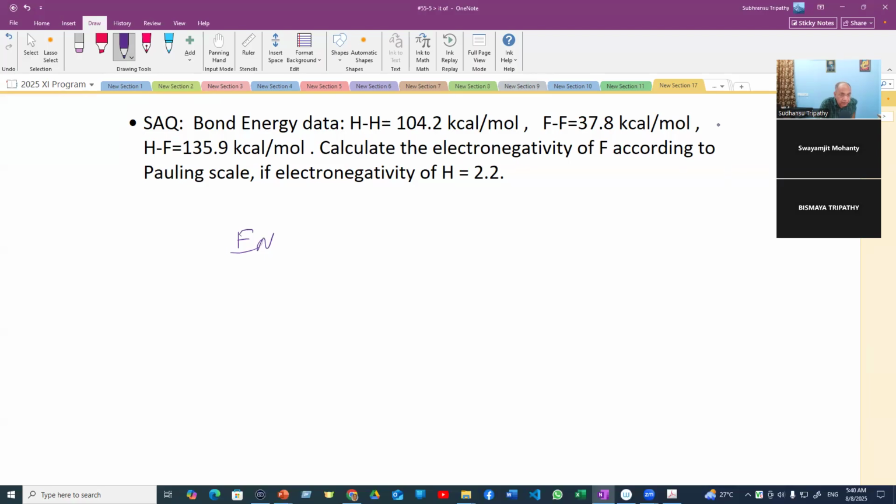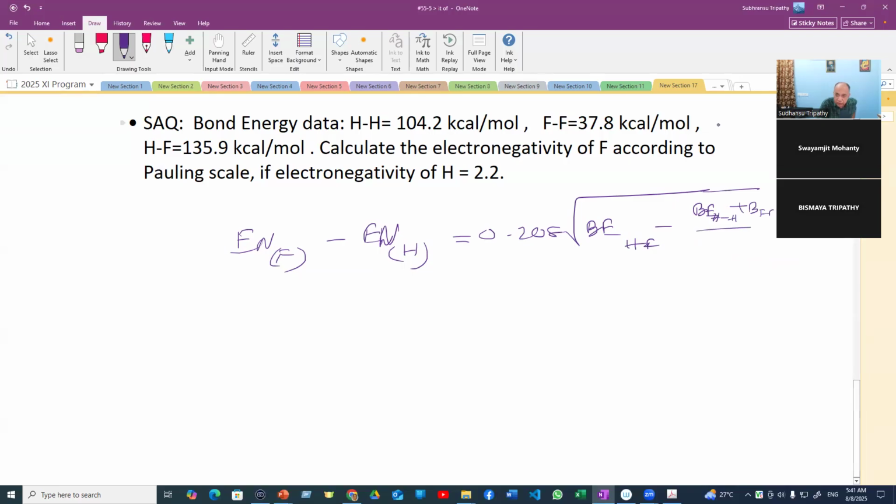So the electronegativity of fluorine minus the electronegativity of hydrogen is equal to 0.208 root over bond energy HF minus, let us take the average of this, so bond energy HH plus bond energy FF by 2.